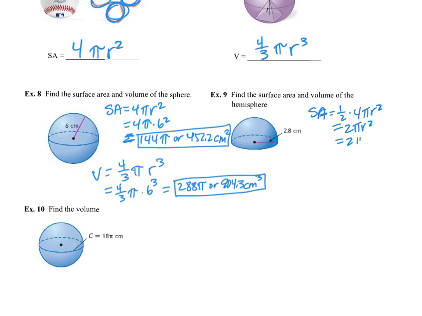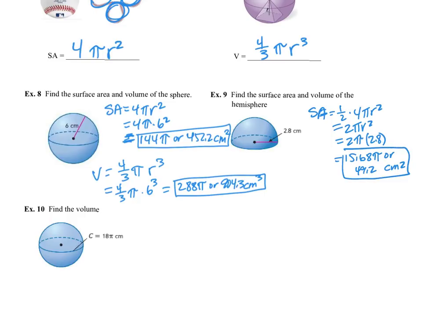So 2 times pi times our radius, which is 2.8. We'll multiply that out and get either 15.68 pi, or if you multiply pi out, it would be 49.2. Either way, our unit is going to be centimeters squared, okay?